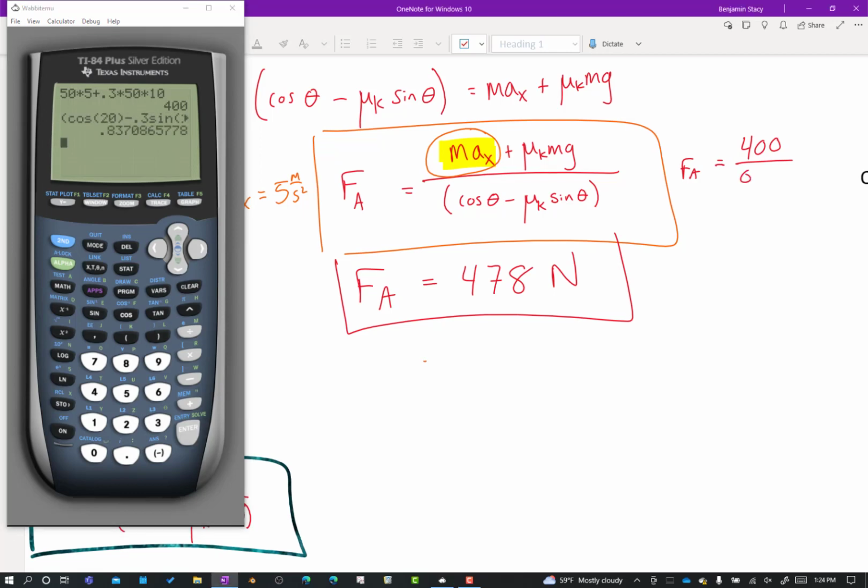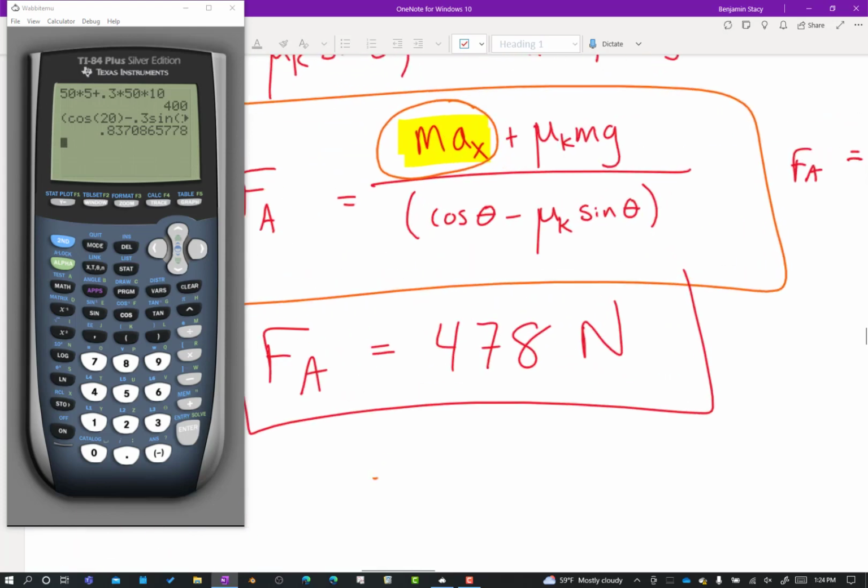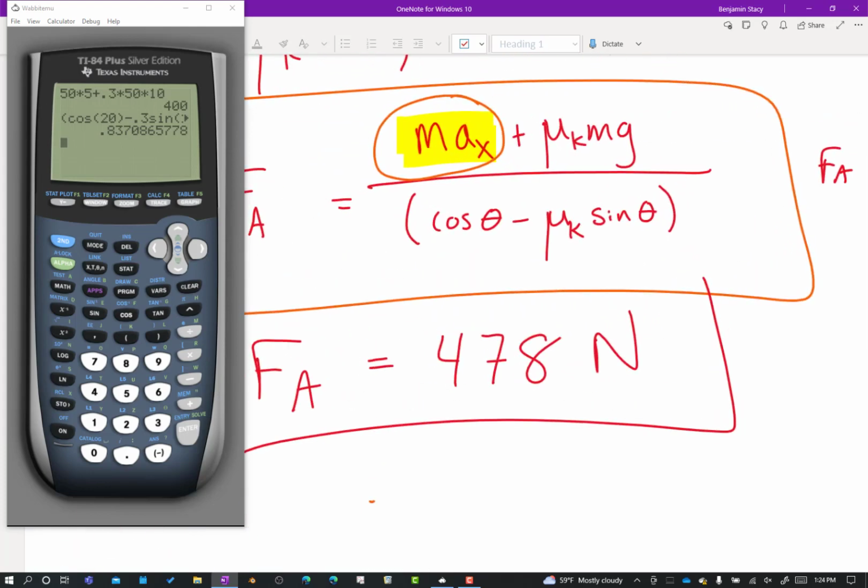So I've got 0.837, and we're going to think about that for a moment. Cosine 20 degrees, if I think about my unit circle, is going to be a fraction between 0 and 1, but it's going to be bigger than sine 20 degrees, which is going to be a smaller value. So I got a bigger value minus a smaller value, and that smaller value is being multiplied by 0.3.